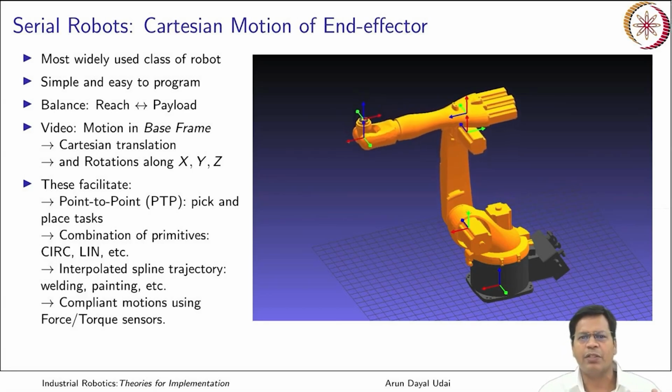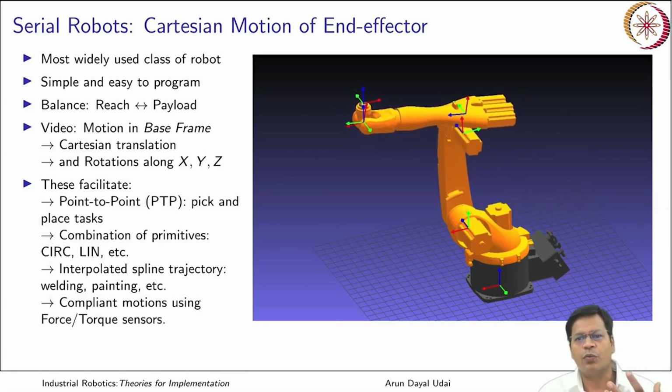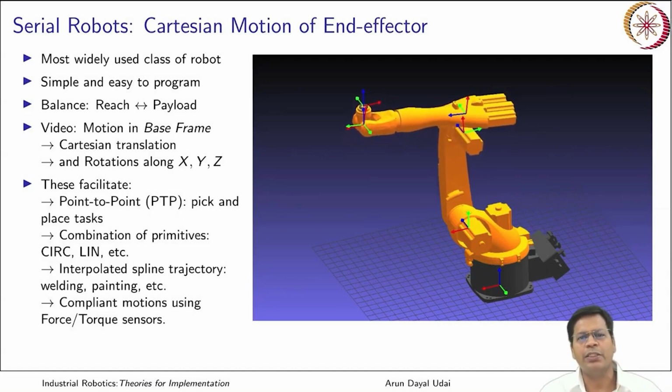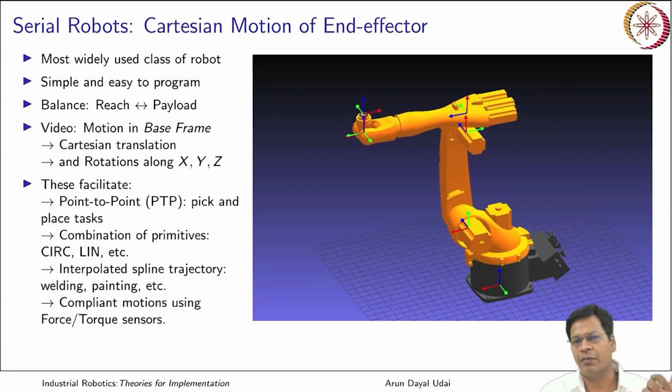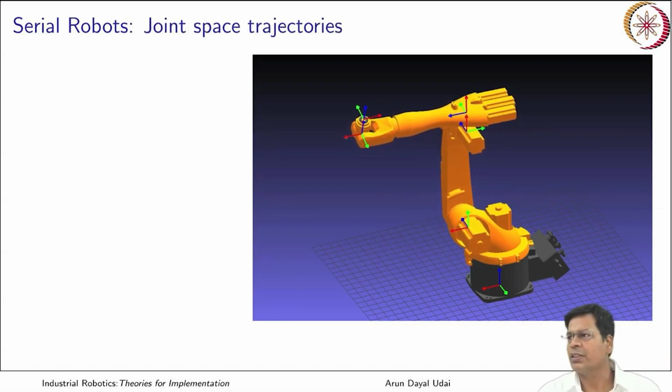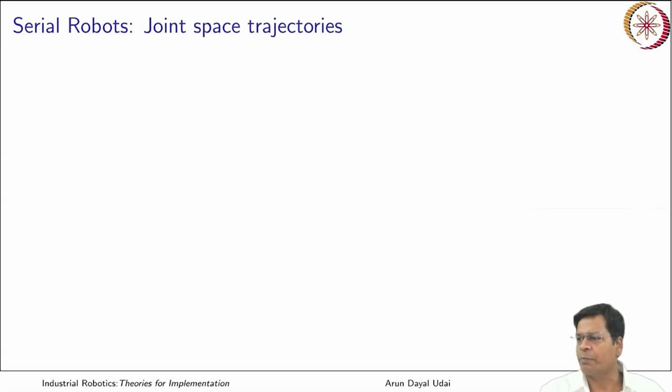They can be controlled for impedance, and controlled for stiffness at their joints, even at the end effector level. Those kinds of robots are soft robots, and they are compliant. Using force torque sensors, it is made so. So that is also possible with this kind of robot. So yes, there are many other capabilities these robots have.